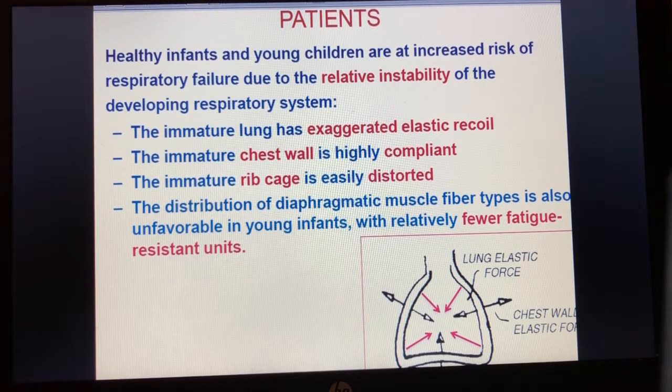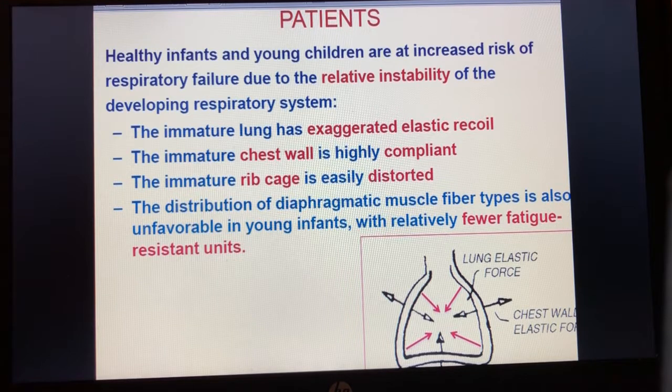What I'd like to move on to now is to discuss some of the physiological reasons why particularly young infants have a higher risk of respiratory failure, and this is really down to the inherent properties, the relative instability, as you may wish to call it, of the developing respiratory system.